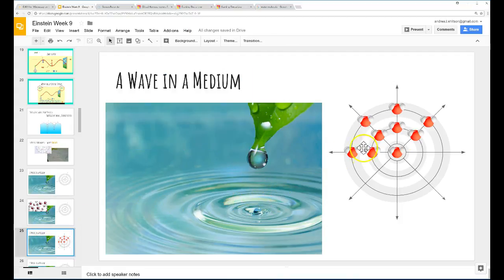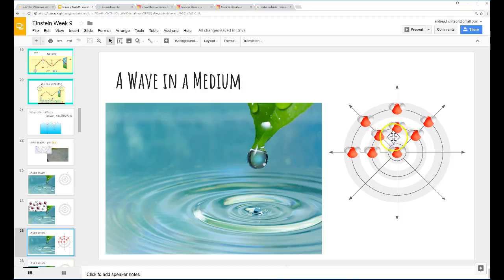So what happens when we hit water? If you went down to the very molecular level, you would see a particular water molecule is hit with a force or is disturbed in some way. And then its attraction, the surface tension that holds this all together, is going to cause different water molecules to also move.